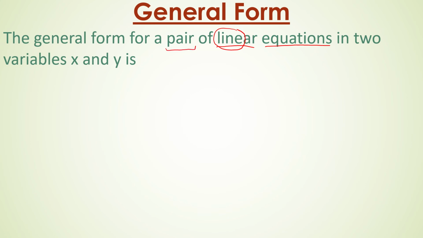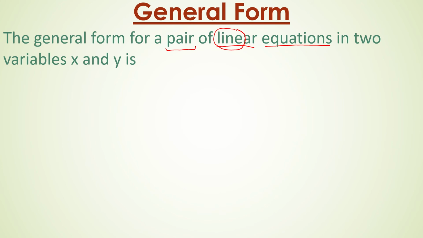So here we will learn about the two equations which will come together and which together represent two lines, and there will be a particular pattern of those lines on the graph. So first we are talking about the general form or the standard form of a pair of linear equations. That means here two linear equations which represent a line on the graph paper will work simultaneously, or will be given together to us.